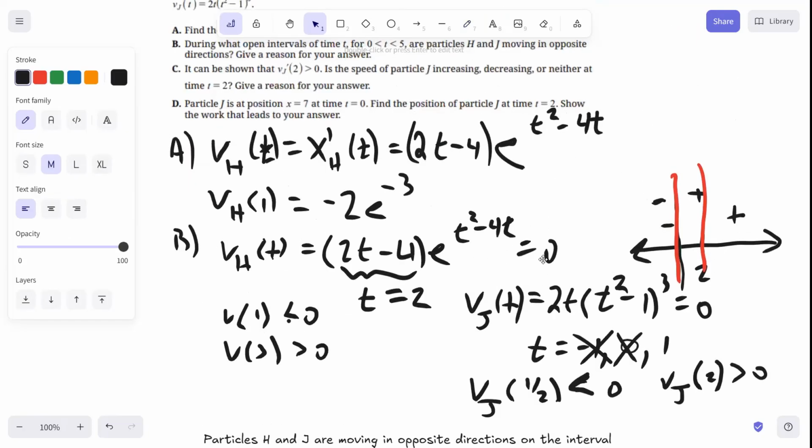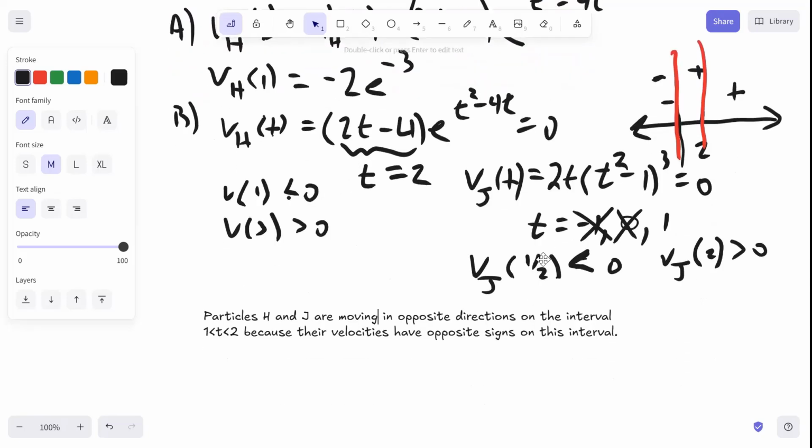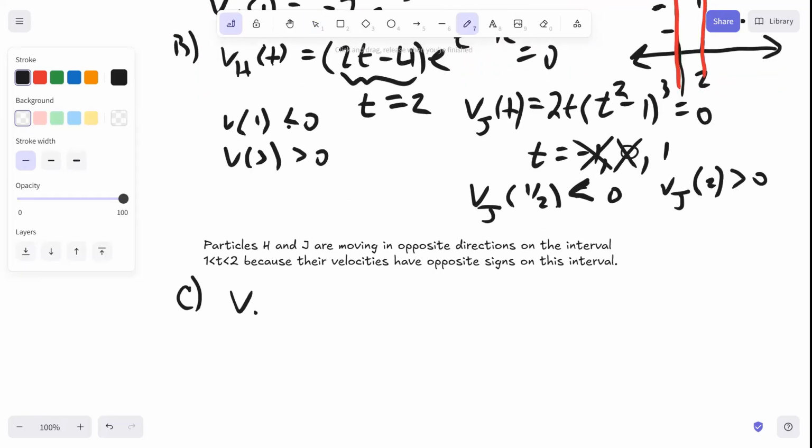Now back up here for part C, it can be shown that v prime j of 2 is greater than 0. Is the speed of particle j increasing, decreasing, or neither at time t equals 2? Give a reason for your answer. So v of j of 2, we're going to evaluate it at 2 times 2 times 2 squared minus 1 cubed. That's going to be positive, so we know the velocity is positive.